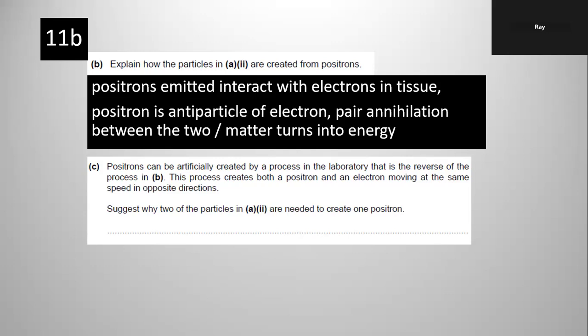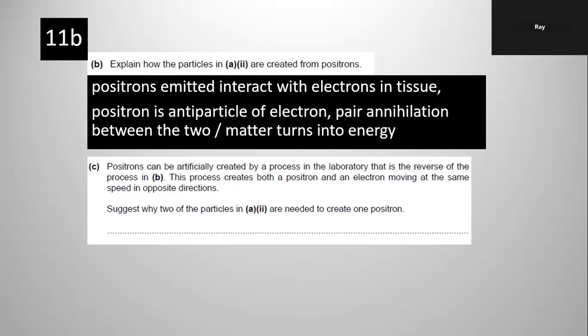What are the particles? You have two gamma rays meeting together to produce a positron. Why do you need two? Why not one?